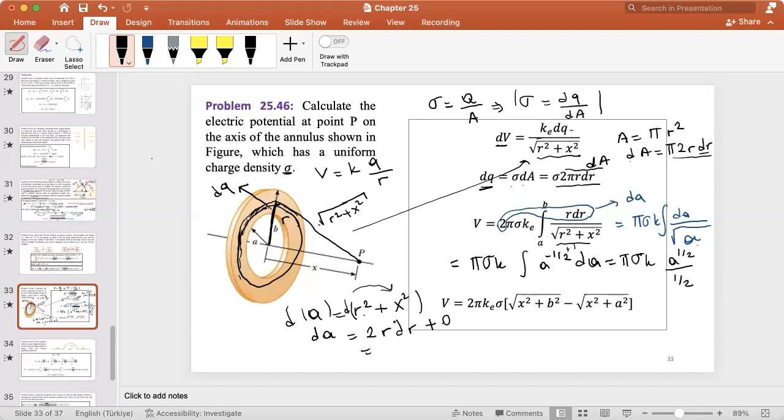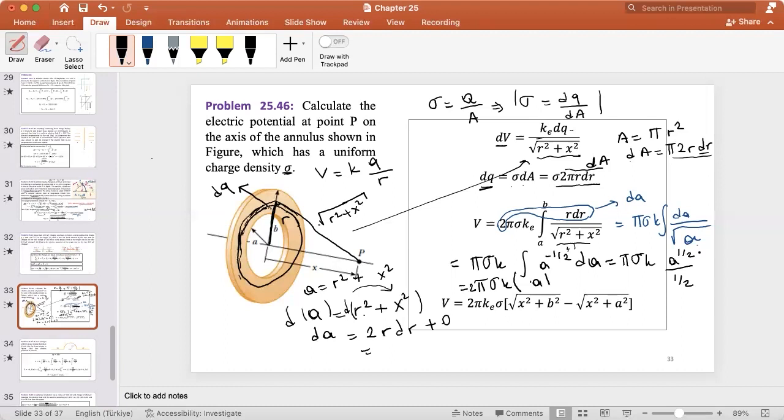So now I can write A equals R square plus X square. I will write that part and then I will put the limitation. Pi sigma K over, okay, I will put A and the limitation.